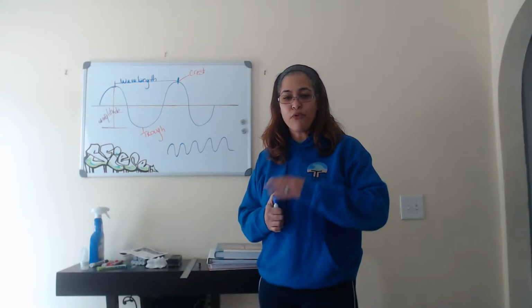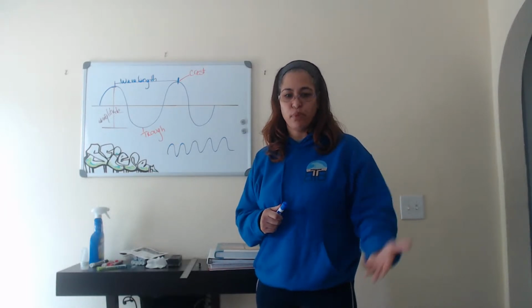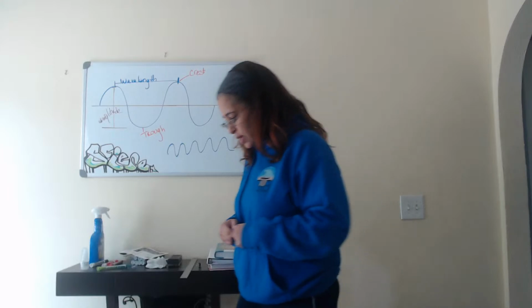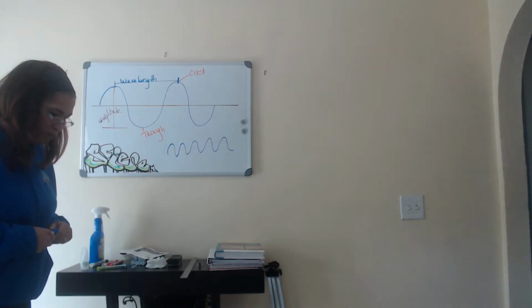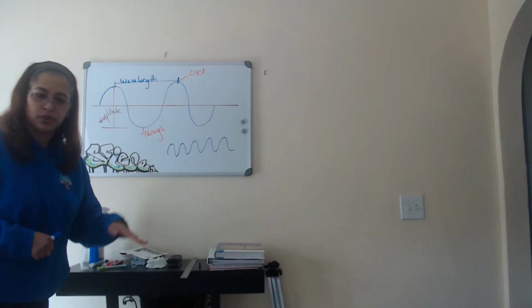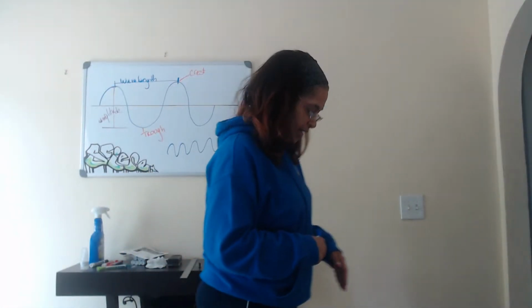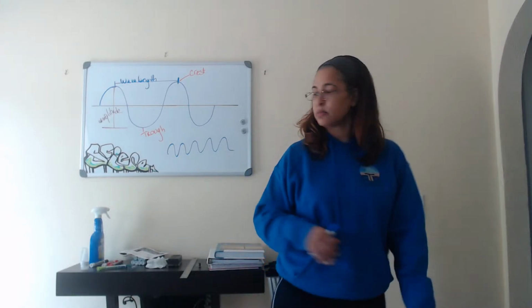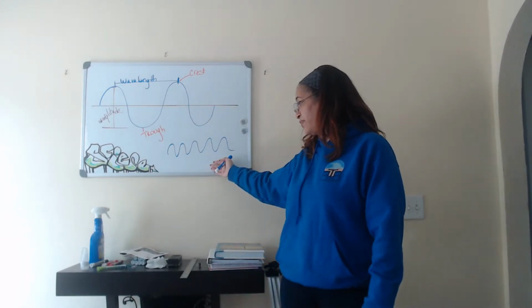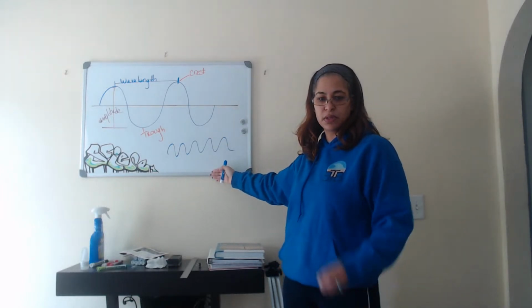In other words, how frequently does a wave pass a particular point? So if I have a wave starting here, going from here to here, and I get to this point and I have 2 wavelengths pass versus 5 wavelengths passing, then this wave is moving slower than this wave.